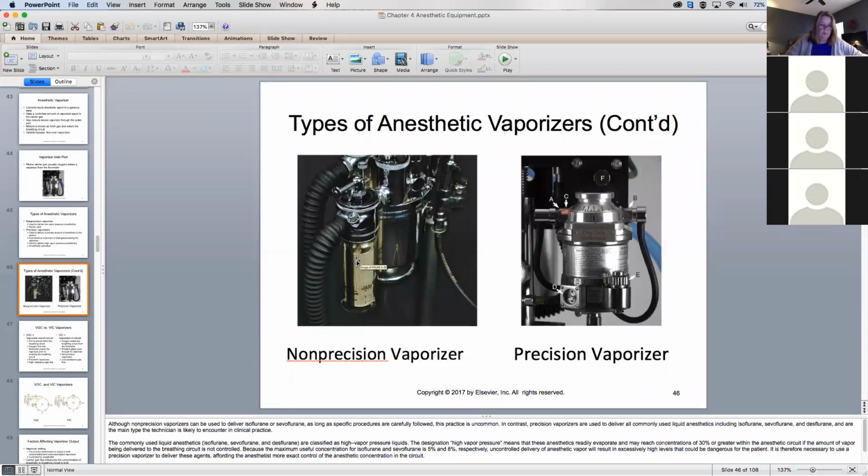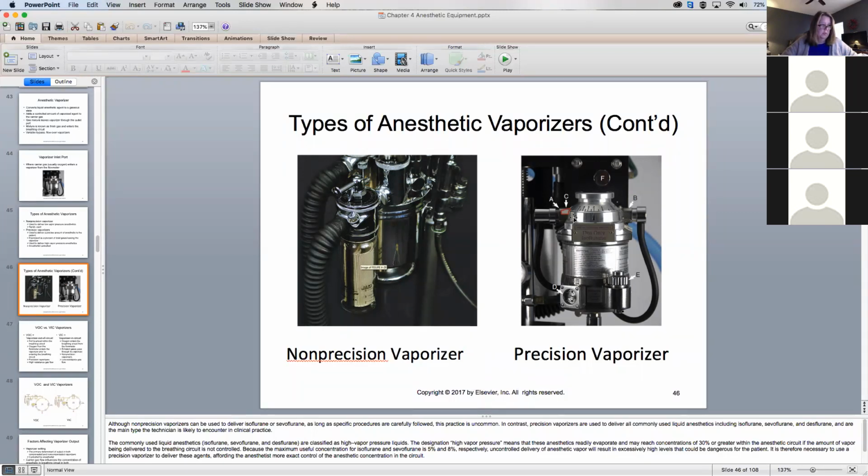The more they breathe through this jar, the more anesthetic they're pulling to themselves. That's why if they double their respiratory rate, they're in effect doubling their concentration. This is why non-precision is also called a VIC. This jar vaporizer is within that circuit or circle, and that's why the respiratory rate affects it.